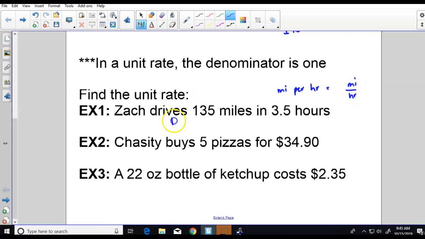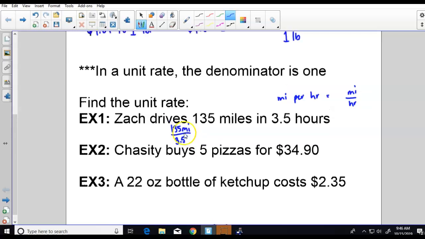So we would do 135 miles divided by 3.5 hours.